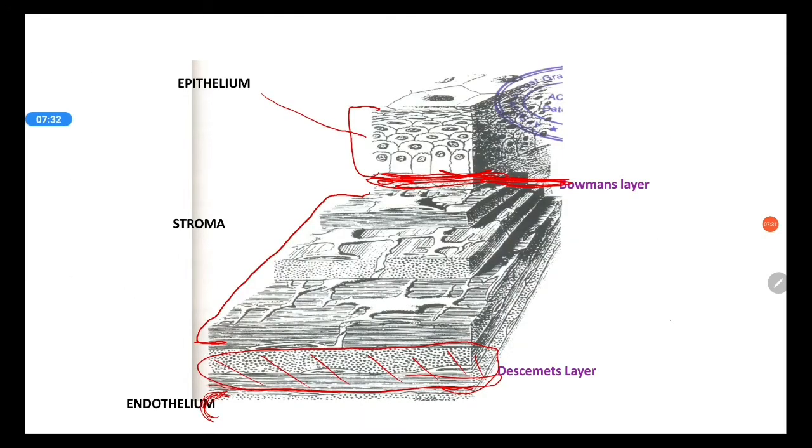Okay. So how do you remember this in order? There is always confusion about which is on the anterior part, Bowman's layer or Descemet's layer.